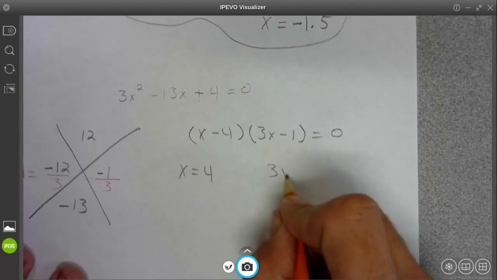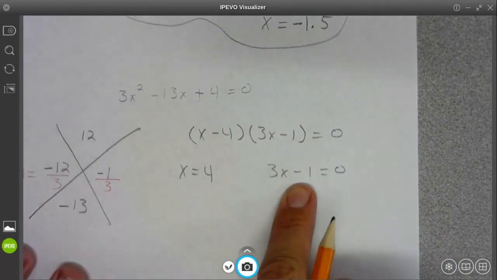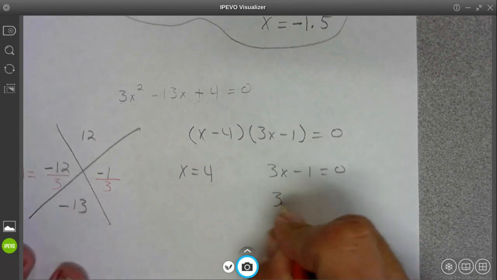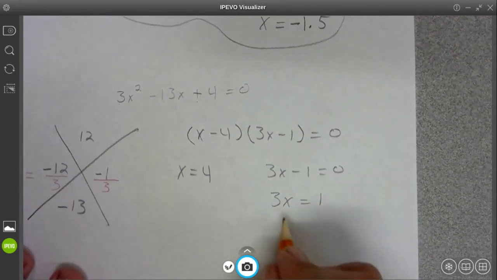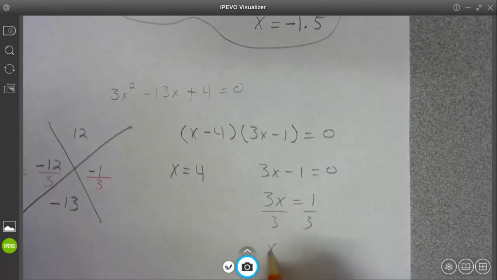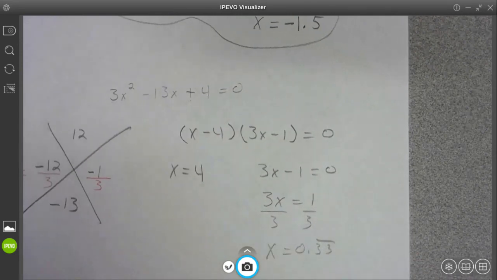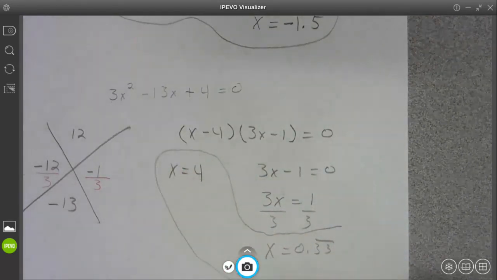This one, you'll get 3x minus 1 equals 0, plus 1 to both sides, and then divide by 3. So you'll get 1/3 for your answer, or it'd be like 0.33 repeating forever. So those are your answers here.